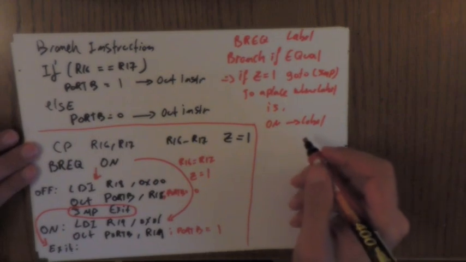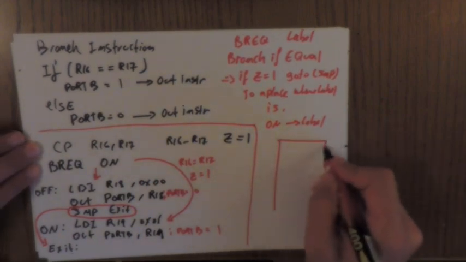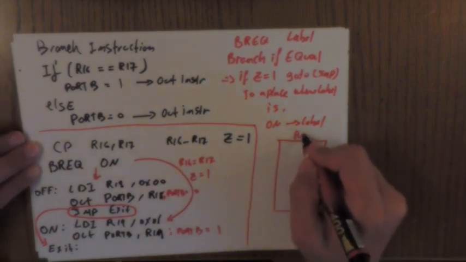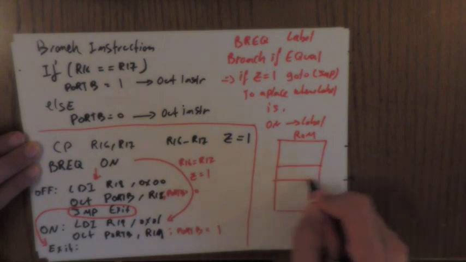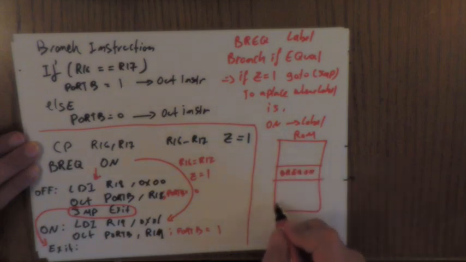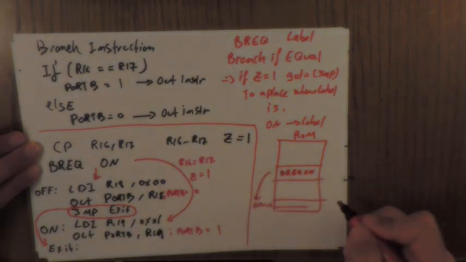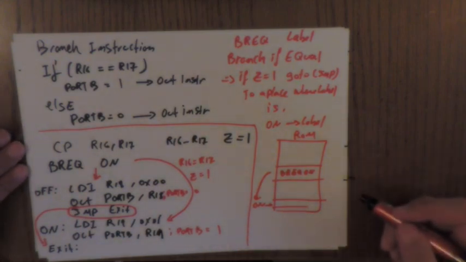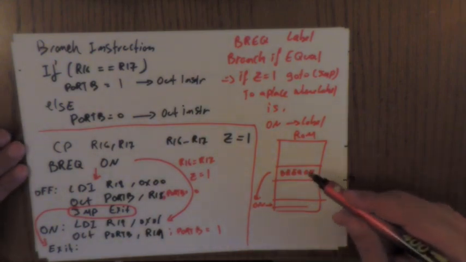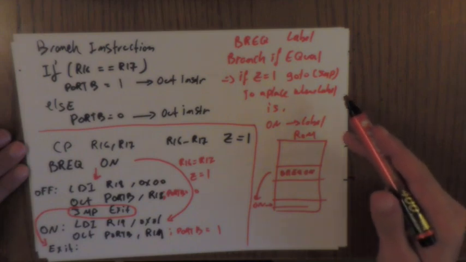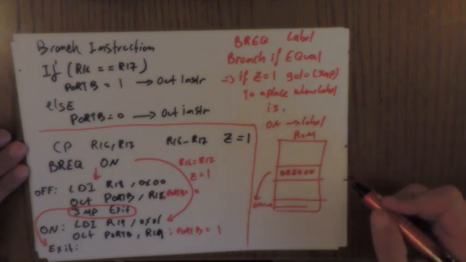So effectively, if I place the ROM like this, I have BREQ on, and on should be somewhere that's pointing here. We will discuss later in the next lecture how we will be able to calculate on and how we change it to binary, so don't worry about that now.